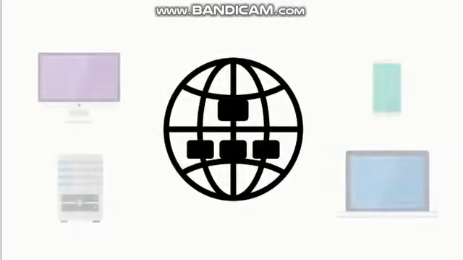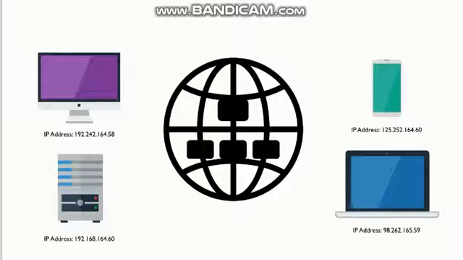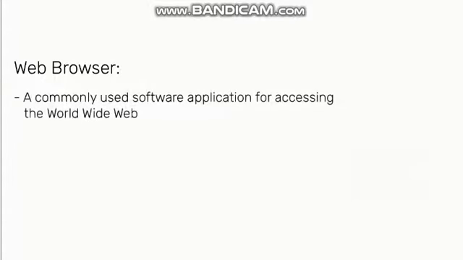Each device or computer that's connected to this network of computers has an IP address, which is just a set of numbers and dots. The main piece of software that we use on these computers to connect to other computers on the network is an application we call the web browser. While many other applications can also connect to the internet, like video games, email applications, file sharing applications, the browser is one of the most commonly used.